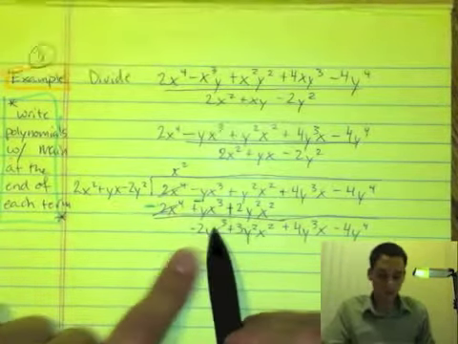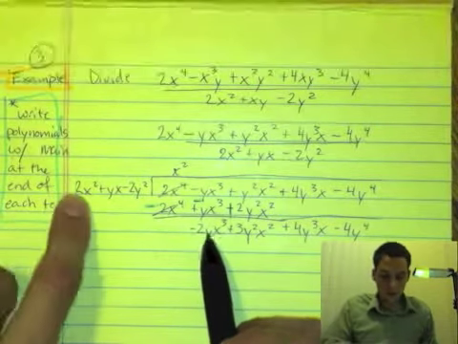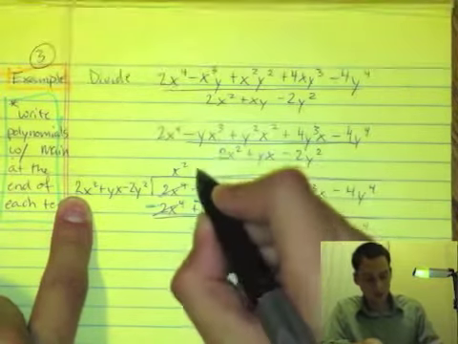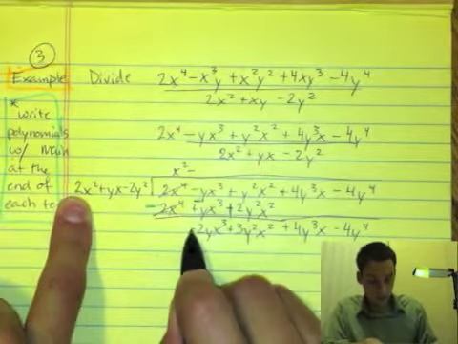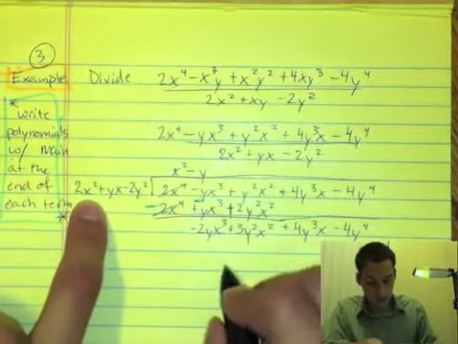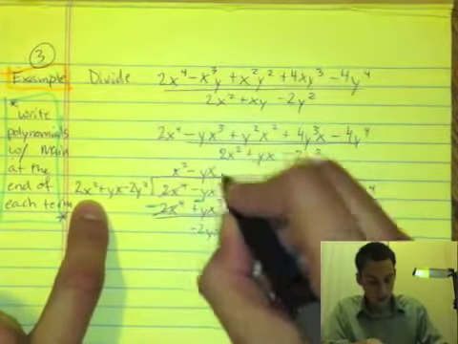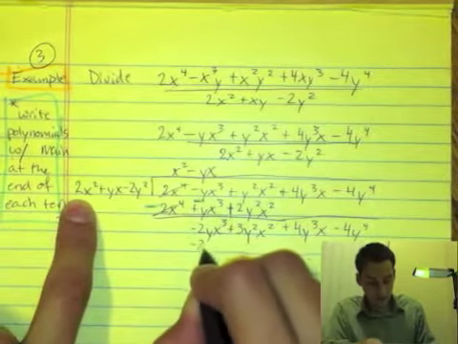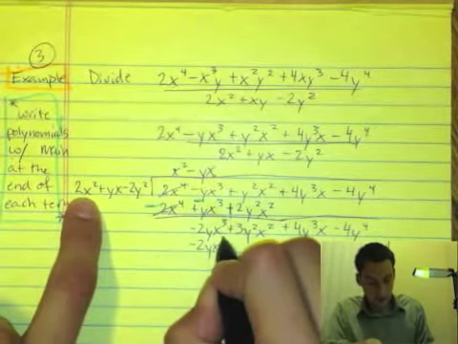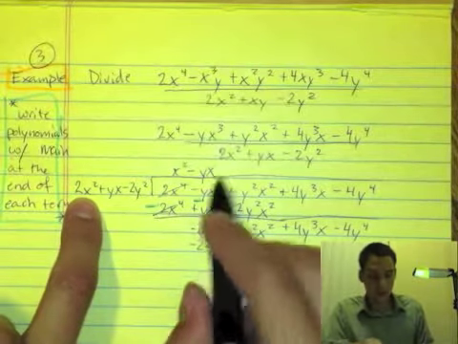And then now I'm looking at the first term again. What times 2x squared will give me negative 2y cubed? Negative, first of all. I already have that 2. I need a y. So negative y, and then I need one more x times x. So this will give me negative 2yx cubed, right?